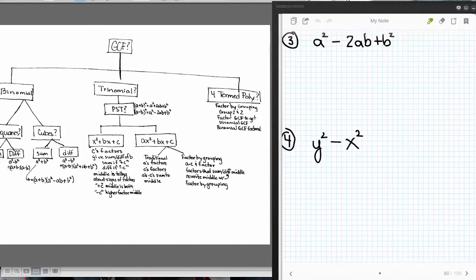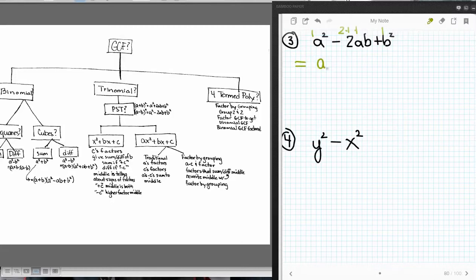Problem number 3, again, the first thing I check for is a GCF. Well, leading coefficient's 1, so that's not happening. Trinomial, 3 terms, and is it a perfect square trinomial? Well, 1 is a perfect square, 1 is a perfect square, so it's a potential, right? So I have factors of 1 and 1 here, and then 2 times 1 is indeed equal to 2. So this is a perfect square trinomial.